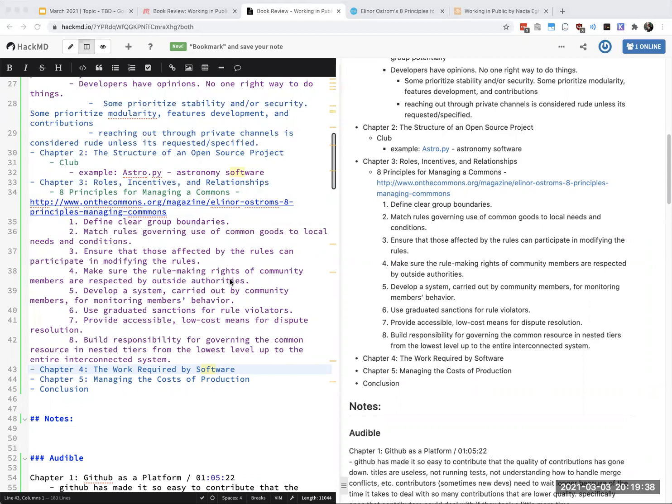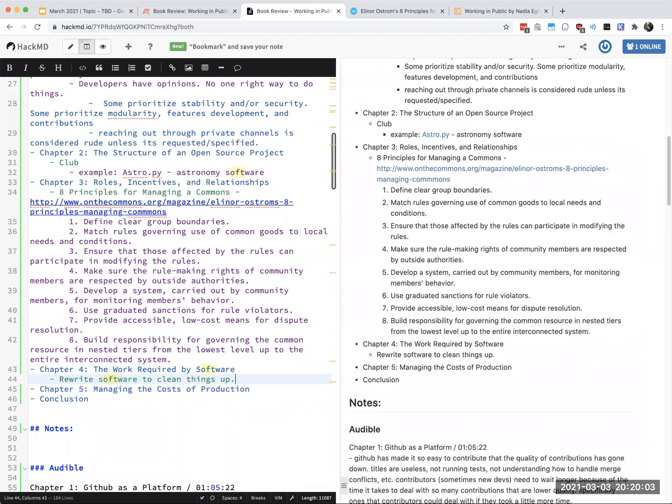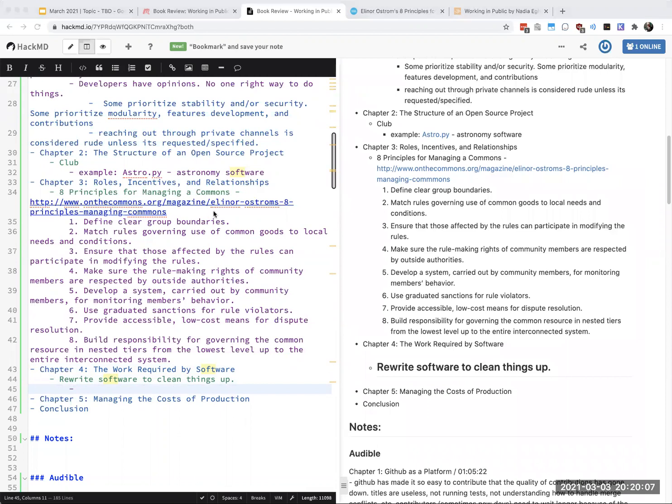All right. I'm trying to move back down to my chapter 4 notes. There we go. I'm just going to copy it over. I put this, just rewrite software to clean things up.